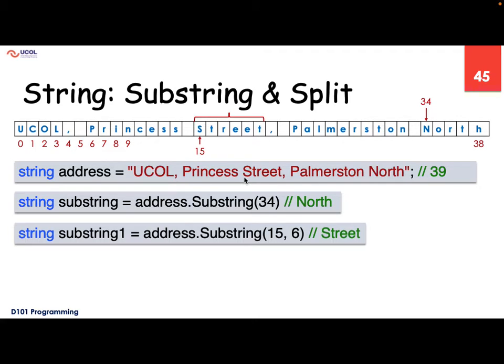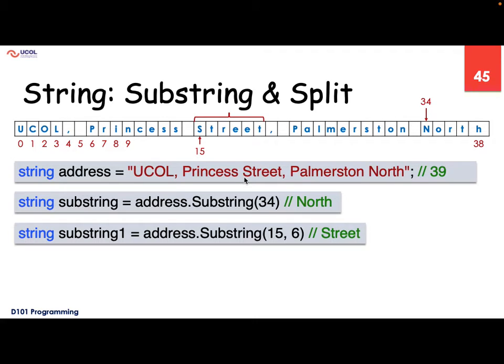With only one integer value, it will go to that index value, and starting from that point towards the end, it will get that substring, or the smaller part of that string. And when you give two values, 15 and 6, it will go to the 15 index value, and remember the index value starts with 0. The first character is 0. 15 means it is talking about the 16th character, not the 15th character in that string.